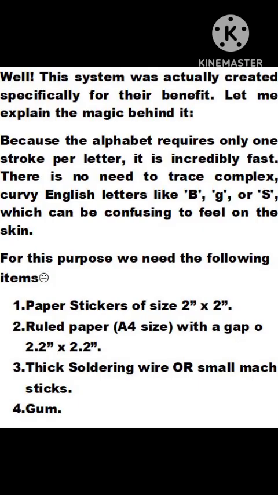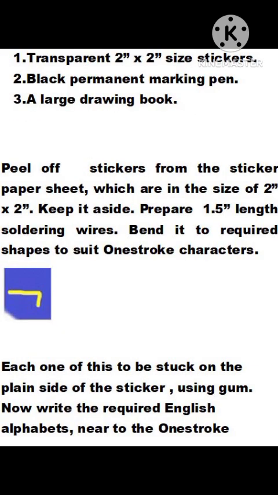Ruled paper, A4 size, with a gap of 2.2 inches by 2.2 inches. 3. Thick soldering wire or small match sticks. 4. Gum. 5. Transparent 2 inches by 2 inches size stickers. 6. Black permanent marking pen. 7. A large drawing book.